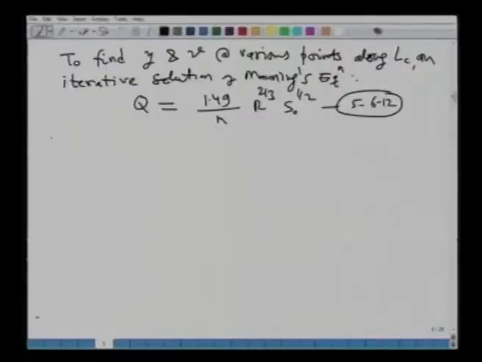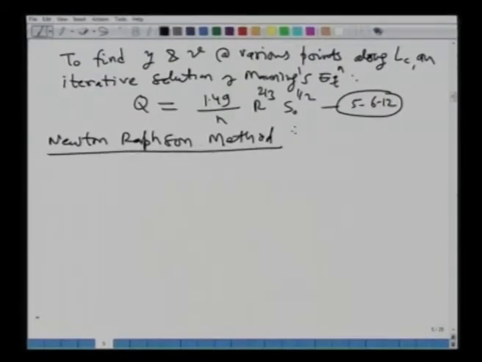When we talk of solving an implicit non-linear equation, there is a very famous method, which is the most popular and very efficient, called the Newton-Raphson method. So we will apply the Newton-Raphson method to solve this equation.